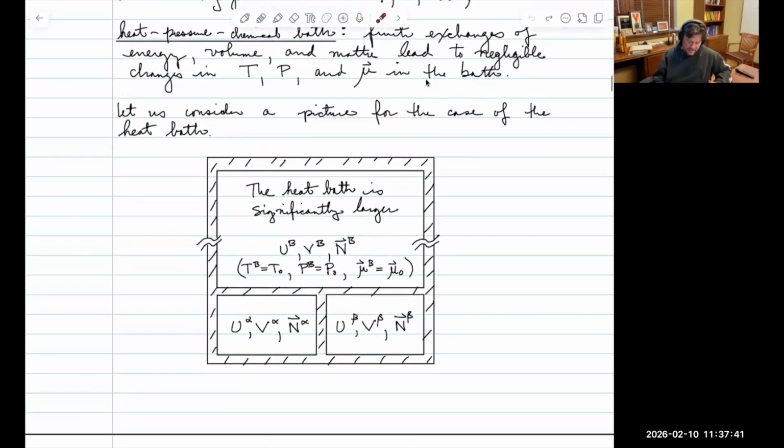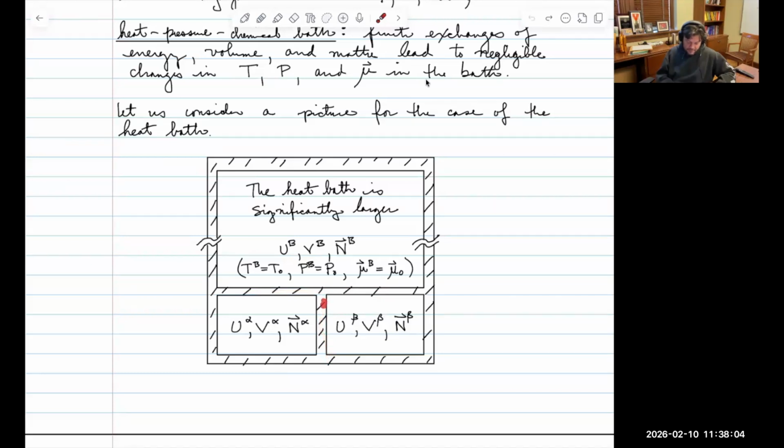So the picture is like this. Instead of having just two isolated systems, which we're going to open up and allow exchange of energy, volume, and matter, we're going to think about, right? So the normal process is we've got isolating surfaces from the universe and from the two individual systems.